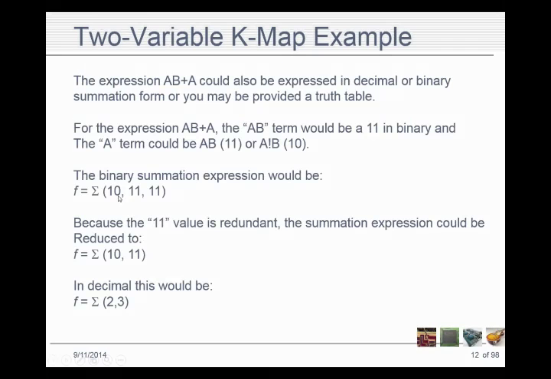So we've got a 2 and a 3, and that other 3 that came in there was redundant, and we can get rid of it and just reduce it to 2, 3, or we can put it in decimal. So if I ask you to enter an expression from a K-map in summation form, that's what I'm telling you.